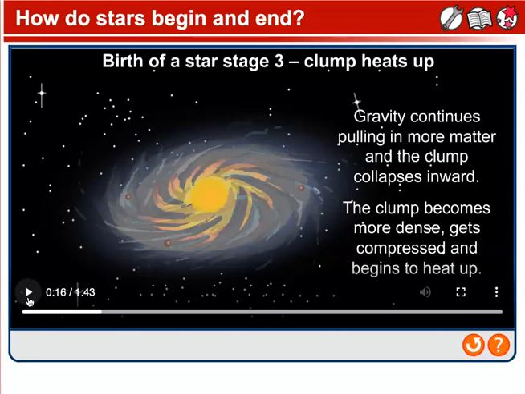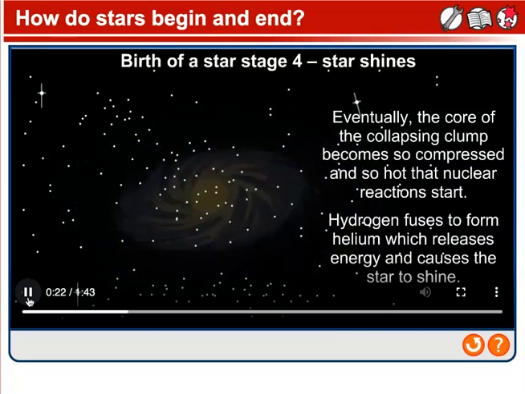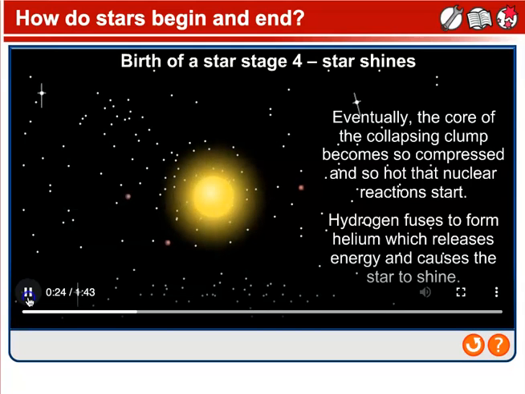The clump becomes more dense, gets compressed, and begins to heat up. Eventually, the core of the collapsing clump becomes so compressed and so hot that nuclear reactions start. Hydrogen fuses to form helium, which releases energy and causes the star to shine.